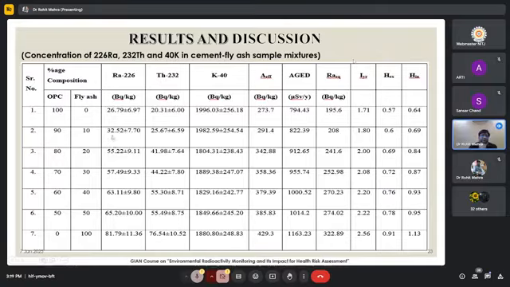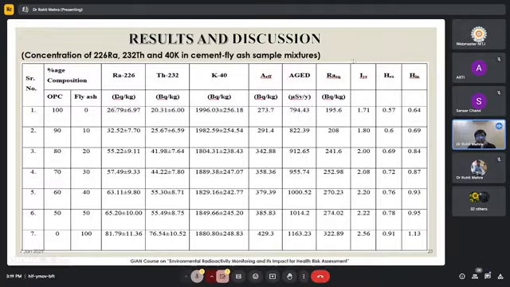Then for the same sample mass, the value of radium increased from 27 to 32.52. Similarly, there is an increase in the thorium also. And then we go on increasing the fly ash: 70, 30, 60, 40, 50, 50. And then finally the total fly ash.